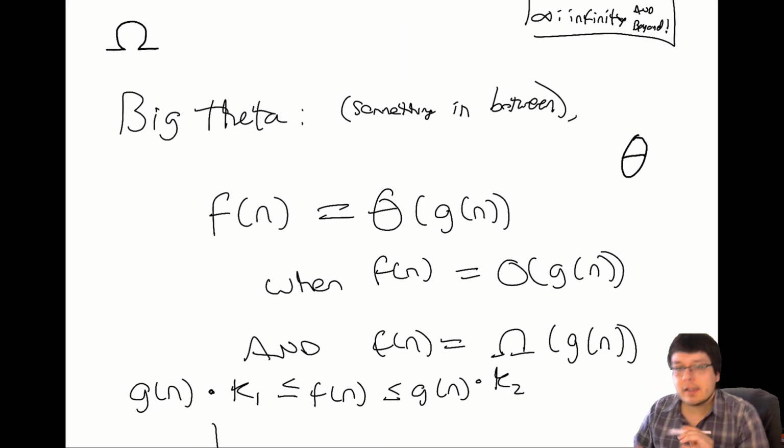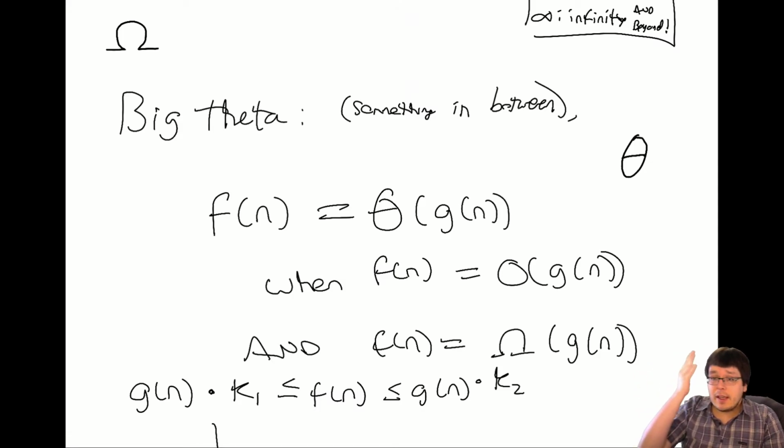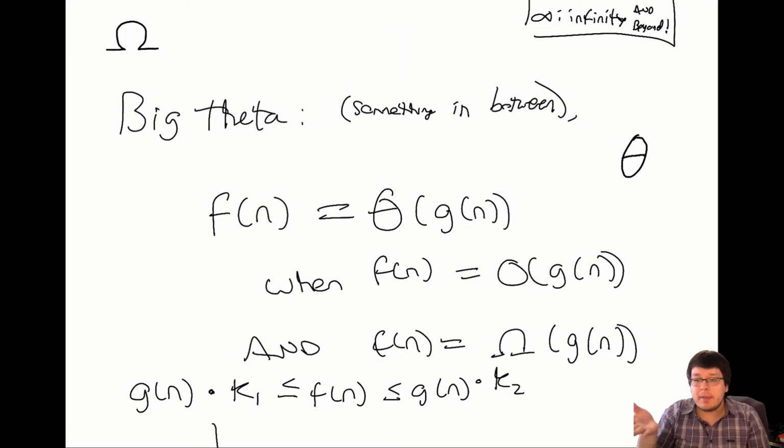What it really means is, looking at the math here, when f(n), which is our theta function, is equal to big O, and it's also equal to omega, if those two hold true, we update our equality.